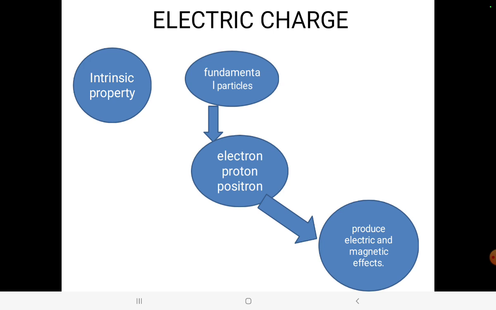There you can learn that the electric field always acts perpendicular to the magnetic field. So the electric charge happens because of the intrinsic property of the fundamental particles of a particular atom. Because of these fundamental particles, it may produce either an electric field as well as a magnetic field. Clear? Next slide.